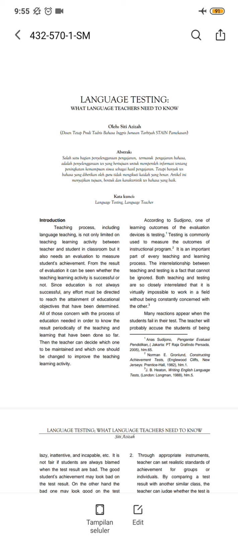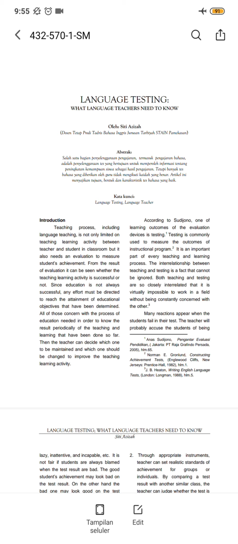Since education is not always successful, any effort must be directed to reach the attainment of educational objectives that have been determined. All those concerned with the process of education need to know the result periodically of the teaching and learning that have been done so far.